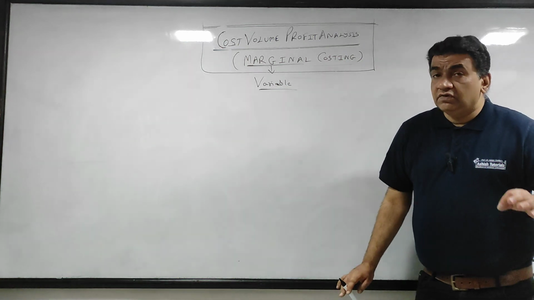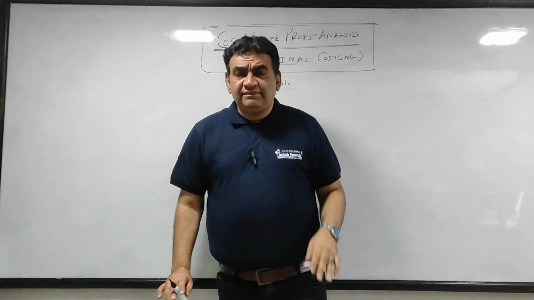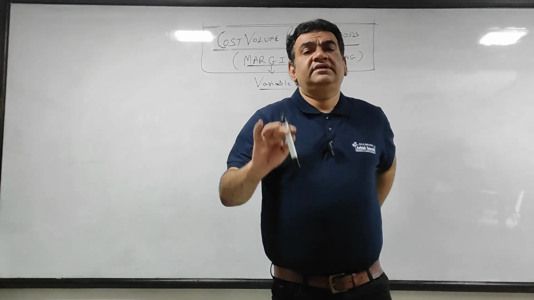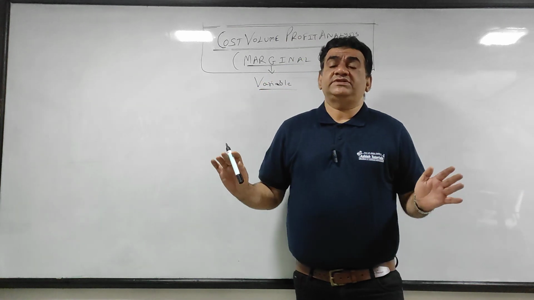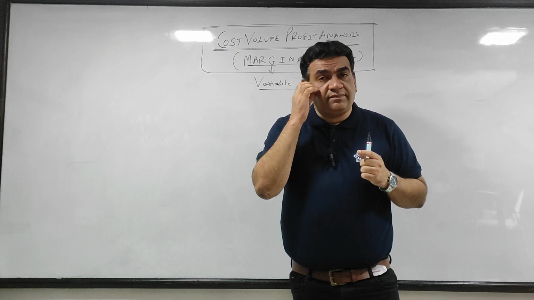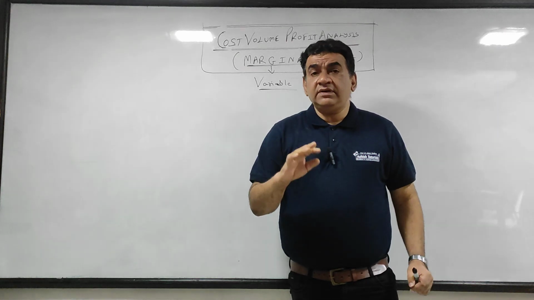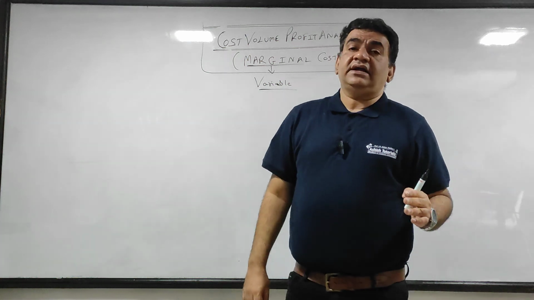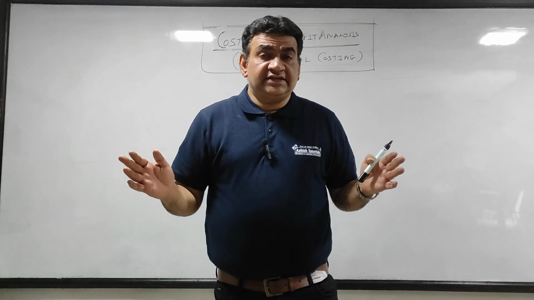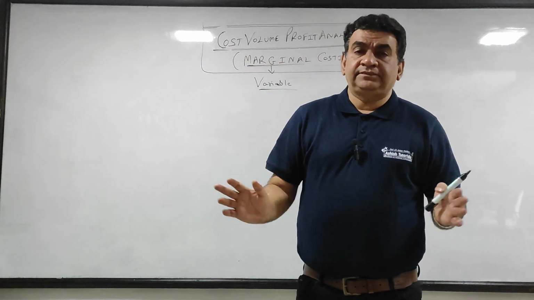Now, what do you mean by variable? Back students, you have done this in the previous sem. Anyway, I'll explain for everybody's benefit. Variable cost is that cost of a product which varies or changes according to the level of output.